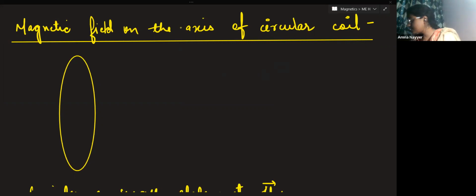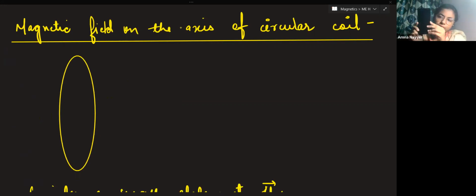YZ plane means, for example, this is your XY plane. I think I have discussed the XY, YZ and ZX planes in the last class as well. So this is the X axis, this is the Y axis. Anything kept like this becomes the XY plane. If I show this like this, it will be a straight line visible to you. So this is the Y axis, this is the Z axis.